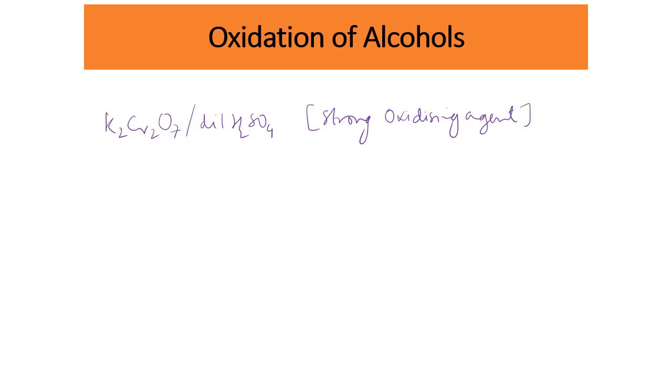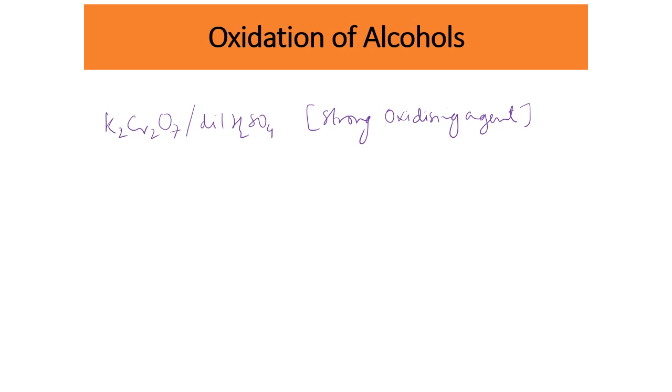It can convert primary alcohol into aldehydes, and then aldehydes will get further oxidized into carboxylic acids. This is the action of potassium dichromate in the presence of dilute sulfuric acid.